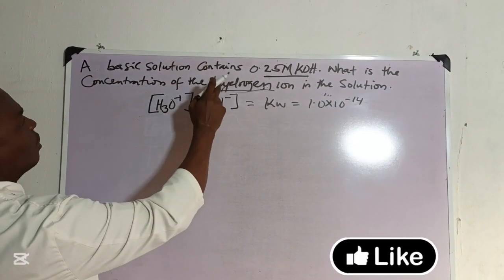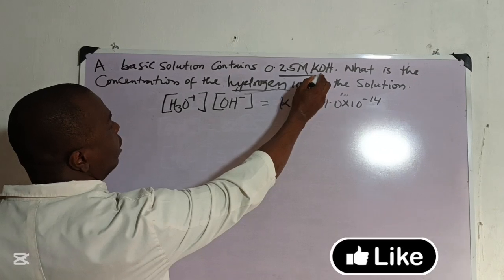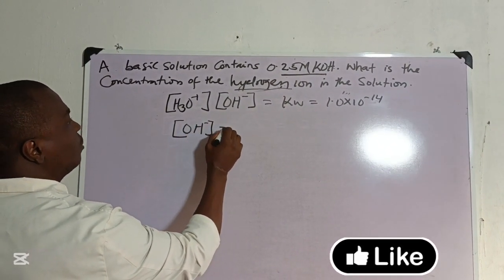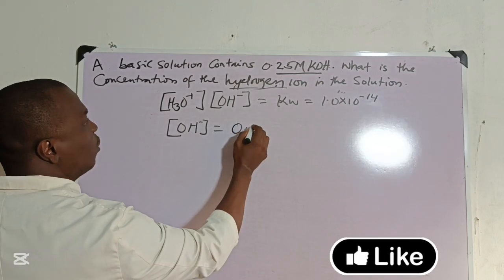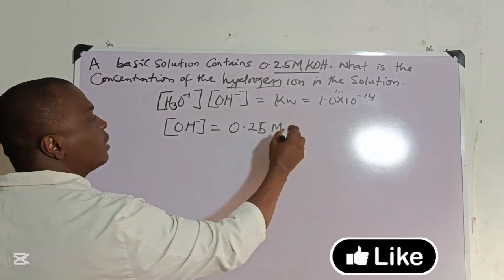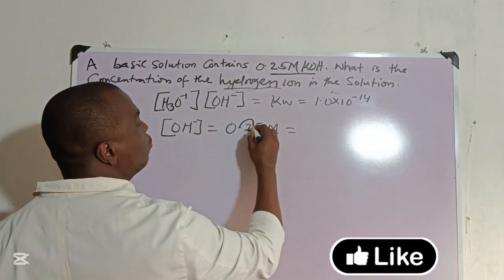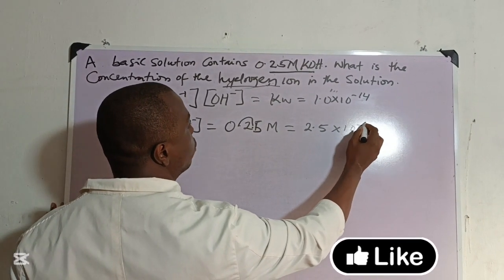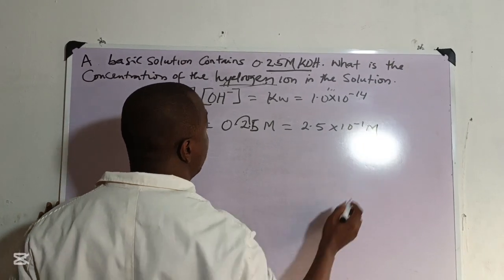And here we have the basic solution containing KOH. Therefore, the concentration of hydroxyl ion given is 0.25 moles, and this is equal to, if we move one step further, 2.5 times 10 raised to power minus 1 moles.